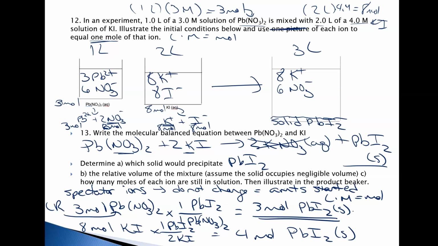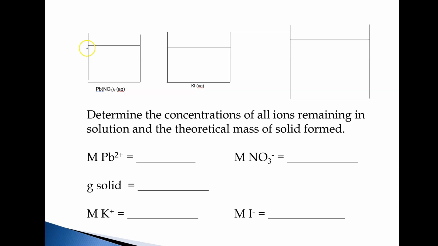Well, clearly what that means is this is the amount I'm going to make, and my limiting reactant is right here. Okay, I'm going to have to go on to the next slide, but keep in mind these numbers. So what I started with was 3 Pb, 6 NO3, 8 K and 8 I to start with. Then I mixed them together. They went to 3 liters. I still had the 8 K floating around.